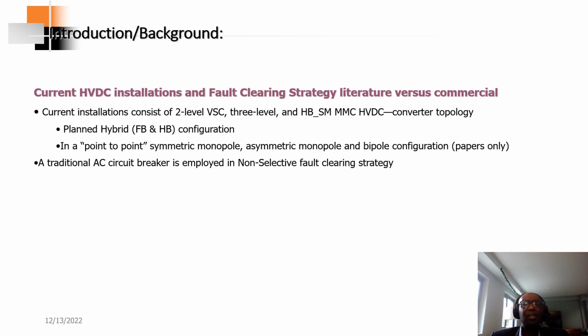That is, the AC circuit breaker that is located on the AC side of the modular multi-level converter is used to clear the fault in a non-selective way. But that is not ideal if you want to evolve the HVDC configuration from a point-to-point to a multi-terminal DC to a DC grid.